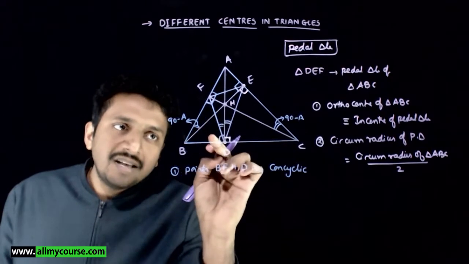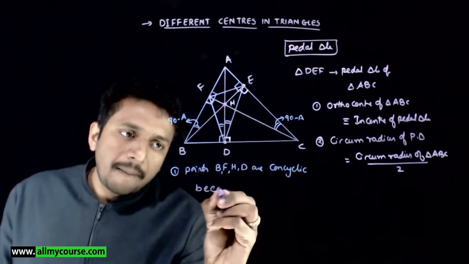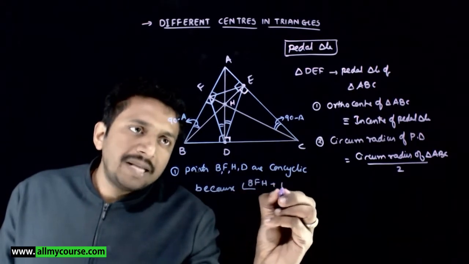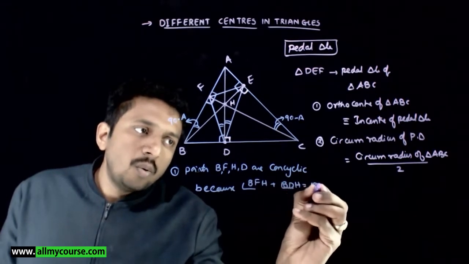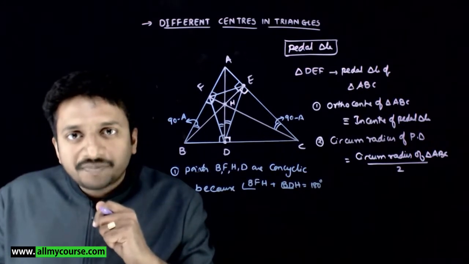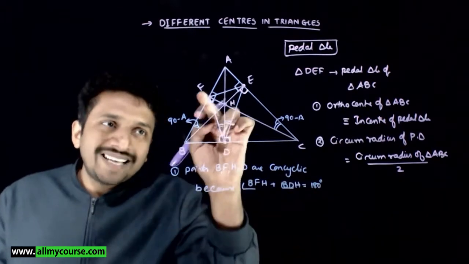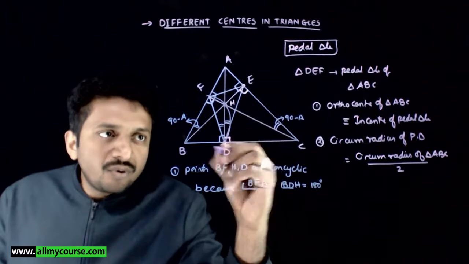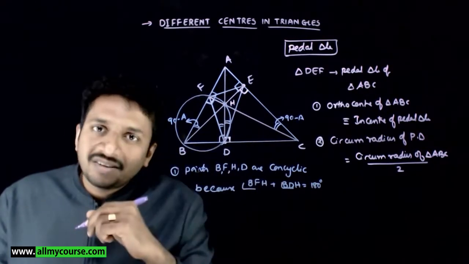This angle plus this angle is equal to 180 degrees. 90 degrees plus 90 degrees is 180 degrees. So angle BFH plus angle BDH is equal to 180 degrees. Hence, you can draw a circle through these 4 points.